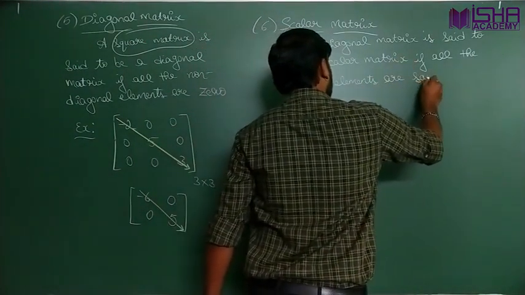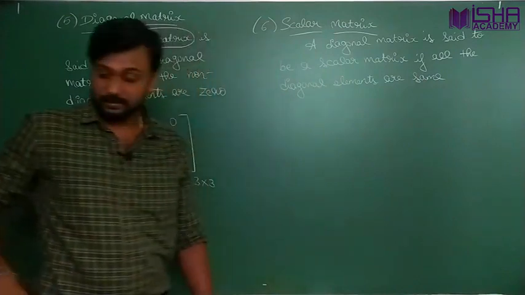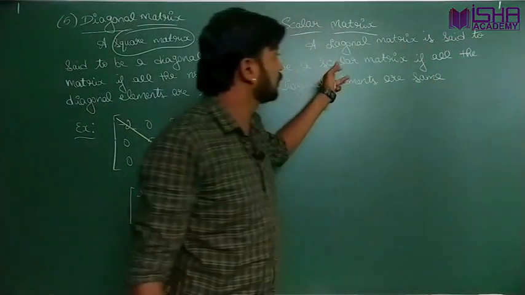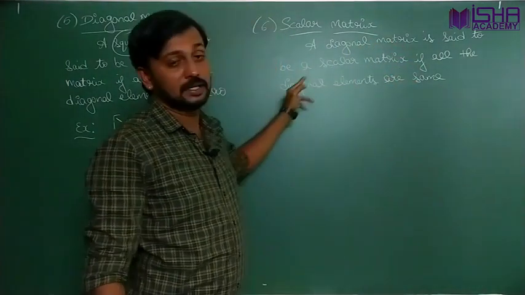If all the diagonal elements are same. It is very simple, look. A diagonal matrix is said to be a scalar matrix if all the diagonal elements are same.